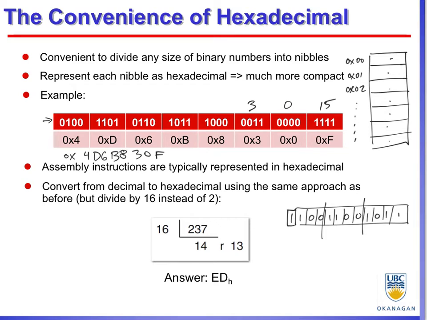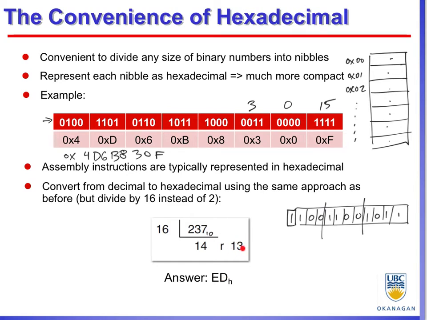Okay, and finally, we can convert a decimal number to hexadecimal, just as we did with binary. So for instance, if we're converting the decimal number 237, we just divide it by 16. So 237 divided by 16 is 14 with a remainder of 13. And therefore, this becomes your least significant digit.